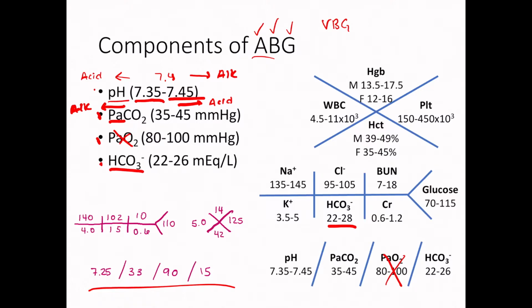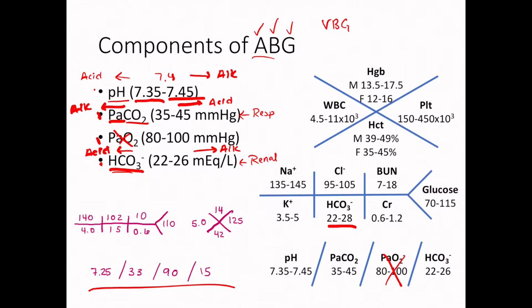So bicarbonate, if it is low, that means that you're being more acidic. If it's high, that's more alkalosis. Now, as we mentioned in the previous section, CO2 is primarily regulated by the respiratory system. Bicarbonate is primarily regulated by the renal system.